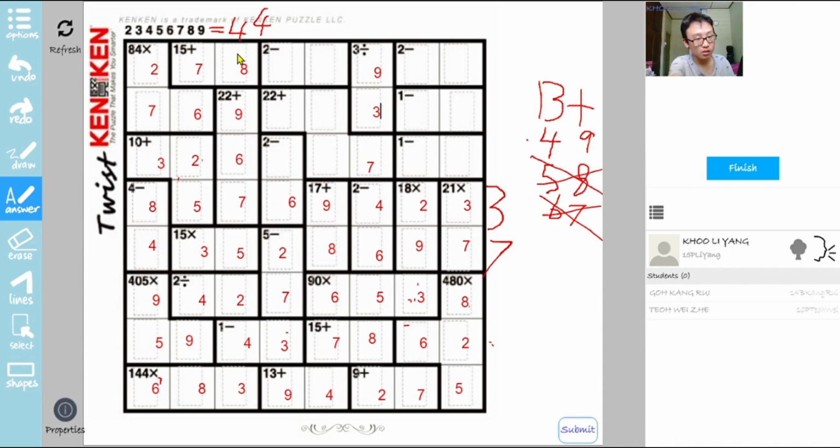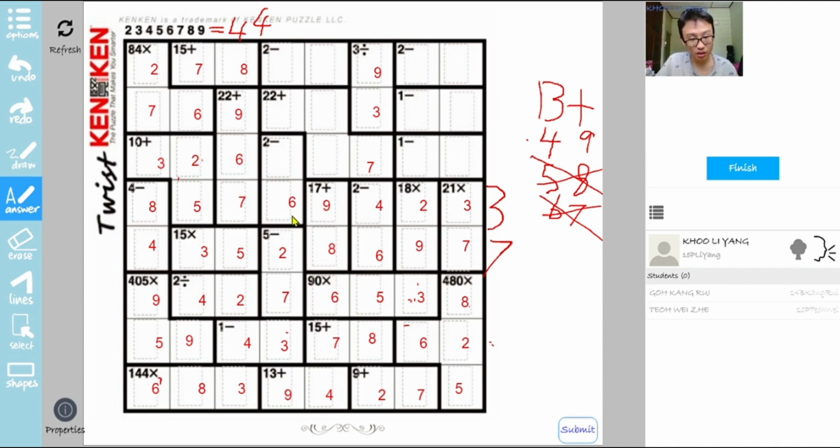This row, the numbers left are 3, 4, 5, and 6. So now there are only two possibilities for the 2 minus, which are 6 minus 4 and 5 minus 3. Since there are two same boxes, the two possibilities are used.